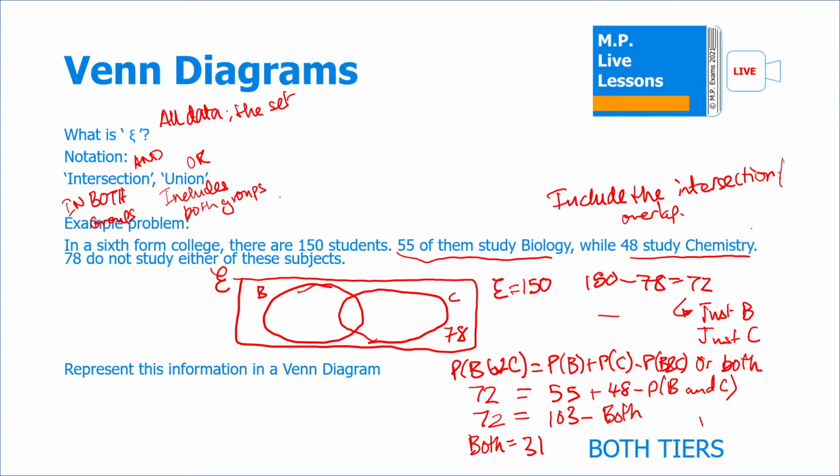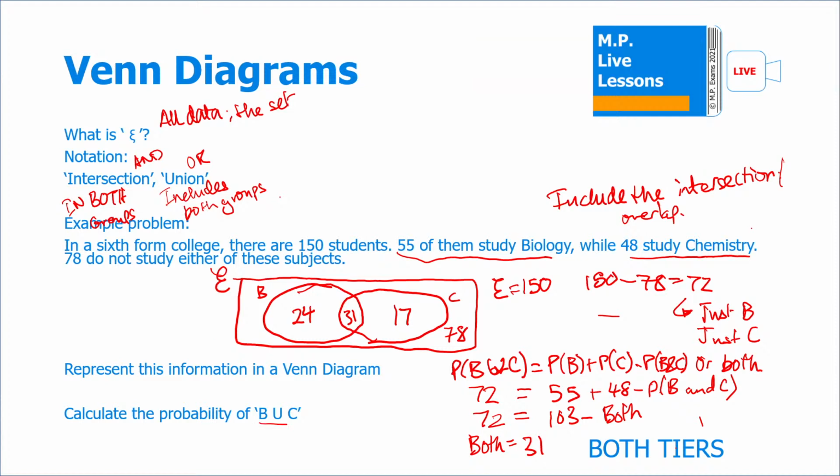Yeah, there's only 31 that study both. So that means there's 17 that study chemistry only. And there's 24 that study biology only. So if we add them up as a check, you get 150.